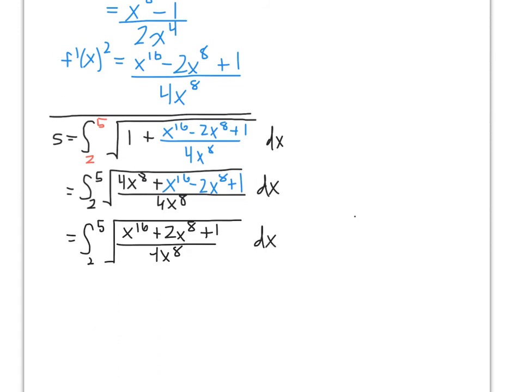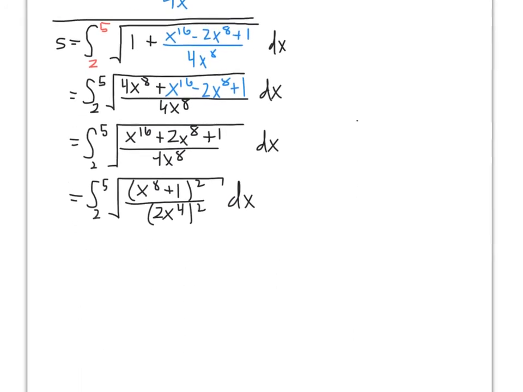And that numerator factors nicely. So it's the integral from 2 to 5 of the square root of x to the 8th plus 1 squared over 2x to the 4th squared dx.